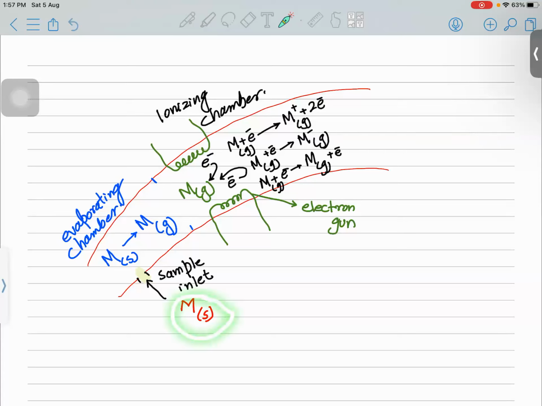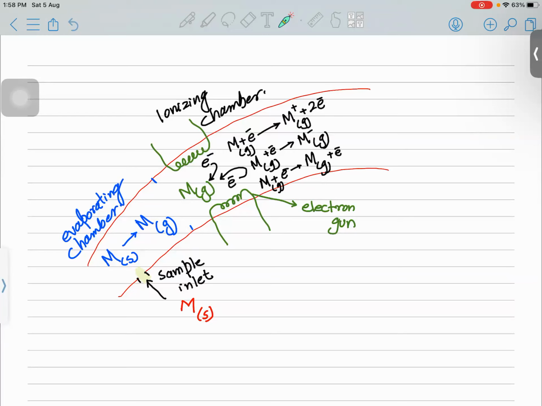Initially, a solid sample is used. Here, the sample is injected, so this is called the sample inlet. In the evaporating chamber, you first convert the solid or liquid sample into a gaseous one. Now the gaseous sample is bombarded by electrons.